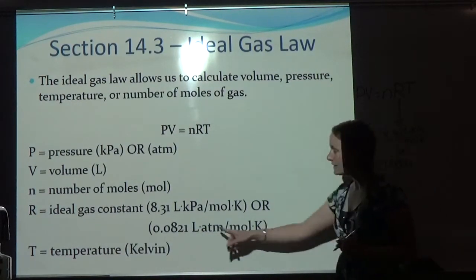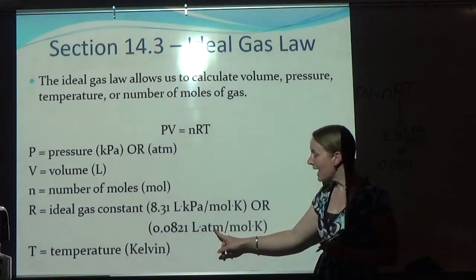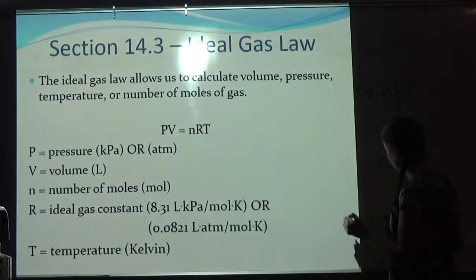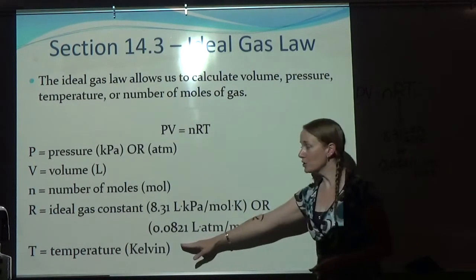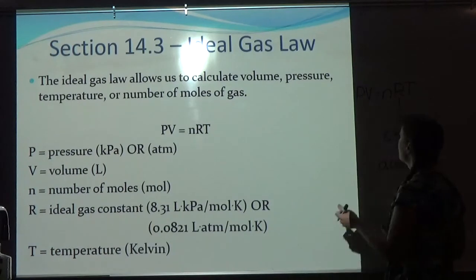And if you notice, the units are liters times atmospheres over moles times Kelvin. So that's why I say you have two options for the pressure. If you have kPa, you'll just use 8.31 as your R value. If you have ATM, you can use the 0.0821 as your R value. And then of course temperature, just like all the other gas laws, has to be in Kelvin.